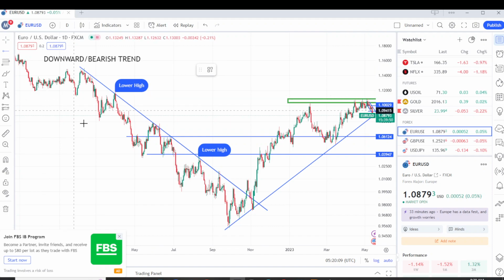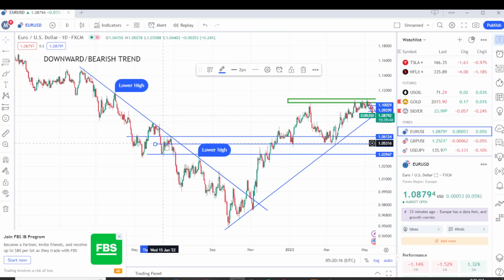So for the second signal, you'll enter your trade at this level after the close of this red candlestick here. Then price will move downward up to this level here.